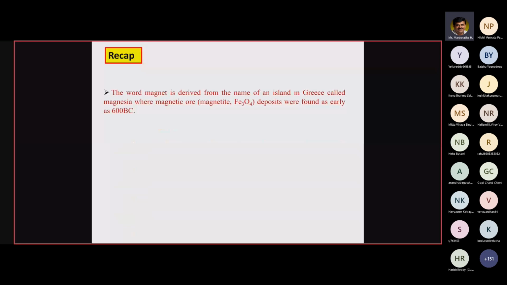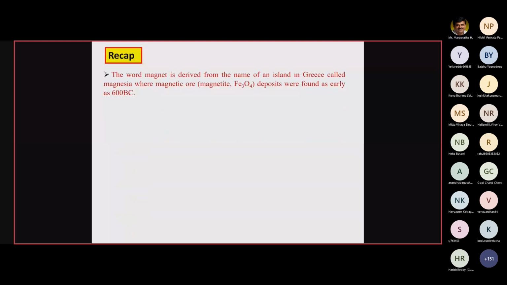If you go to the history, we know that this was discovered or identified by people long back, 600 BC itself. You know the story behind that. Again, it will take us to Greece, a small island called Magnesia, where some shepherds went.